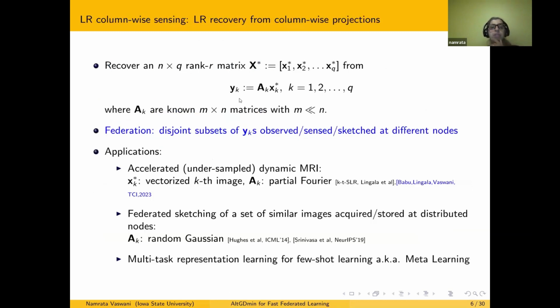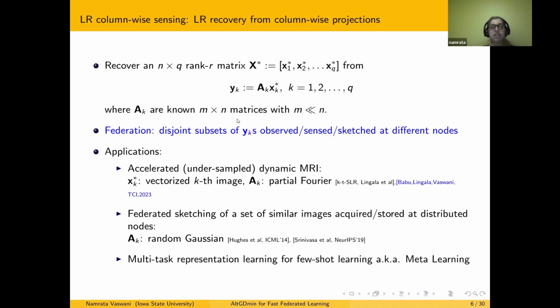So here's the same problem in detail. If you look at the MRI application, you want to recover a sequence of images from a sequence of MR measurements, which are essentially Fourier transform coefficients of the images.